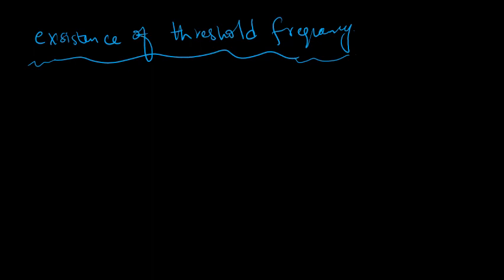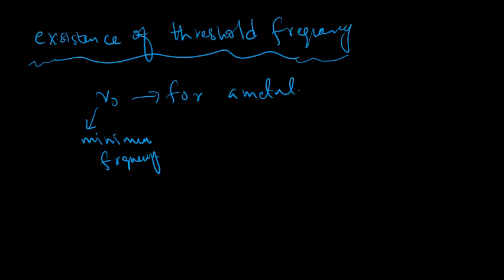So according to Einstein, there is a specific threshold frequency mu naught for a metallic surface. This is the minimum frequency for a metal, and every metal has its own minimum frequency.